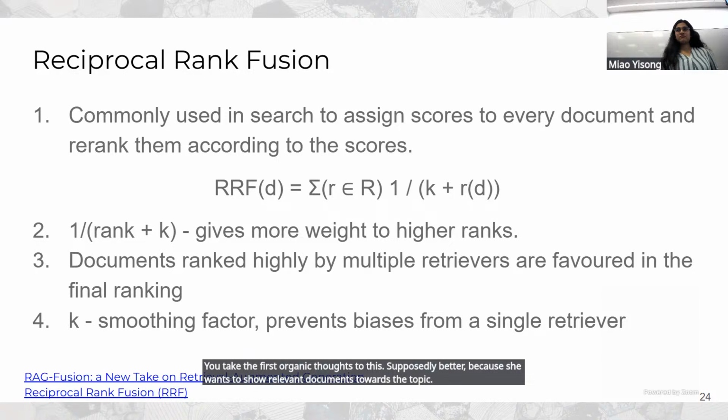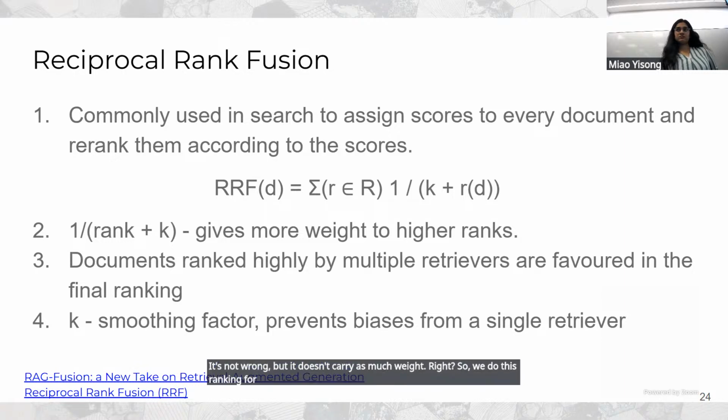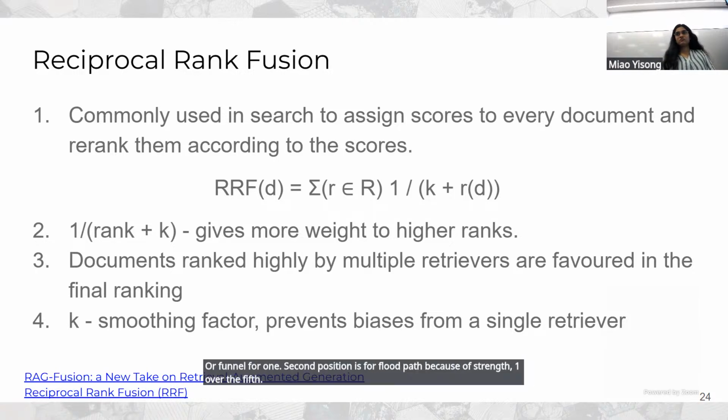If you put a relevant document at the top, that's the best. If you put it at 10th, it's not wrong, but it doesn't carry as much weight. So the first position is rank 1, worth 1 over 1. The second position is worth 1/2. That's why it's called reciprocal rank.